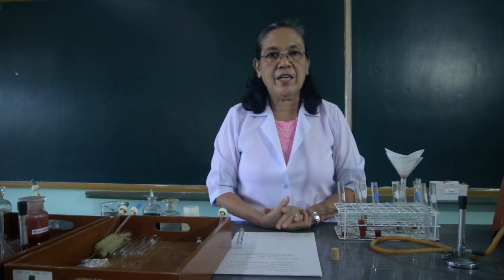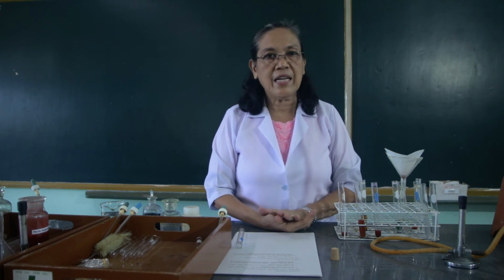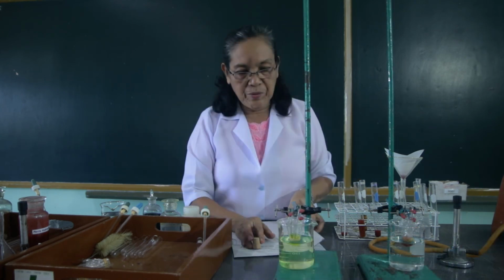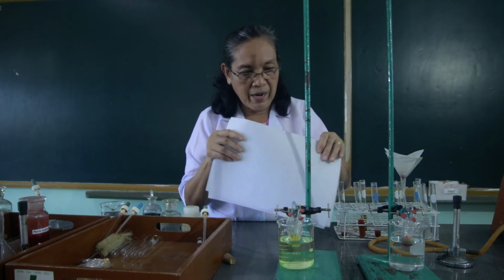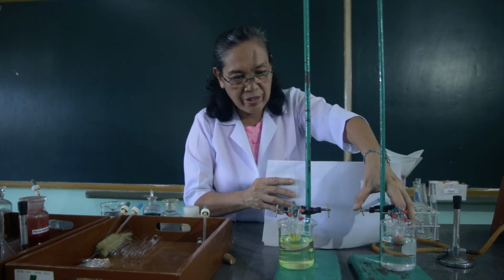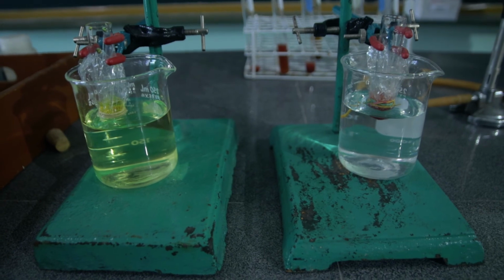At the start of this experiment or activity, we had the dialysis set up, and we set it aside for us to observe for some time. So let's go back to that setup. Observe what happens. We will have to cover this with a white background so that you can see well what happens to the color after they have been allowed to settle for some time.